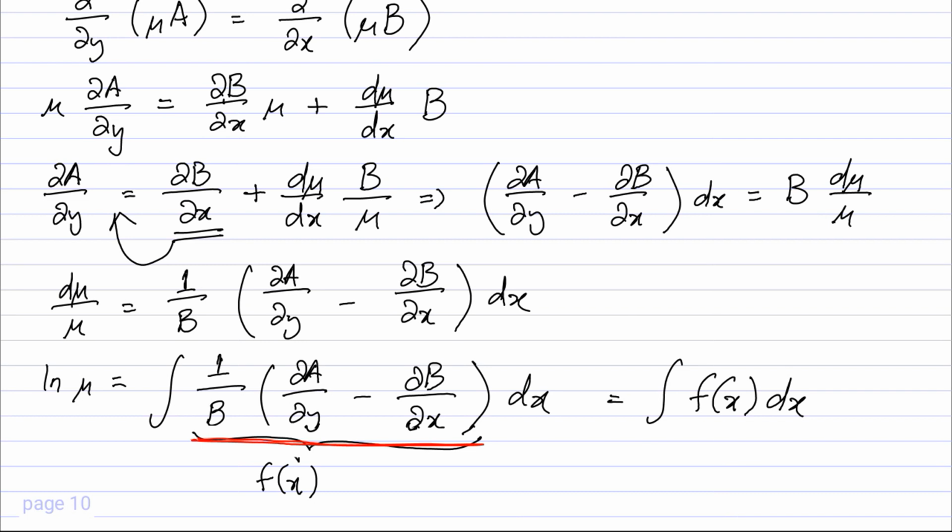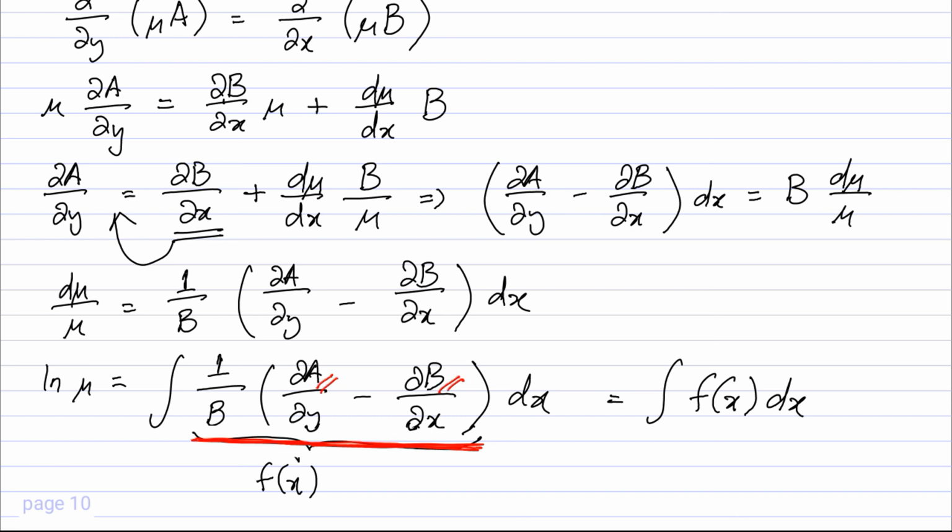That is exactly what I was assuming in the beginning, that mu is only a function of x. So I need this thing to only be a function of x, otherwise mu is not going to be a function of x alone. That's my hope, that when I calculate this f of x, it turns out that it's really only a function of x, because a and b are functions of x and y in general.